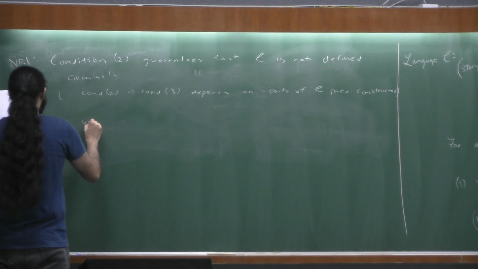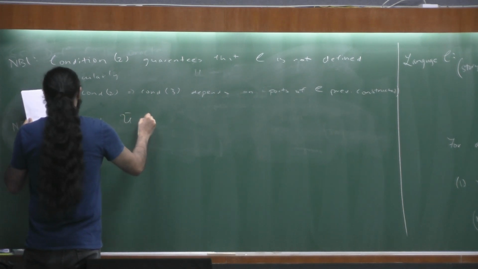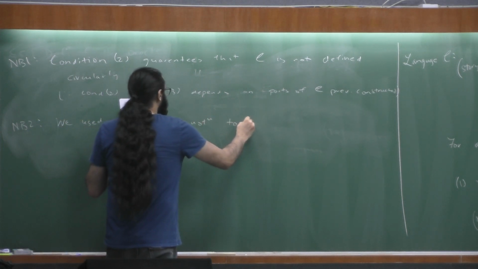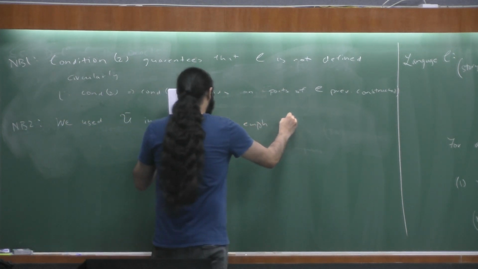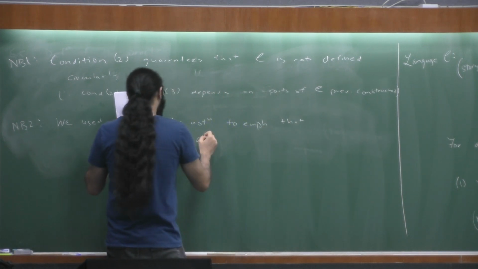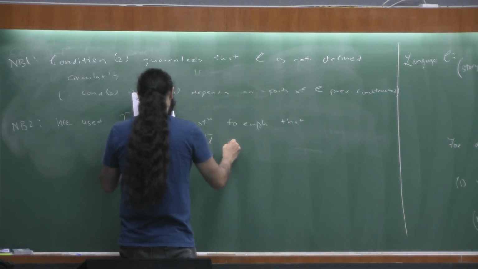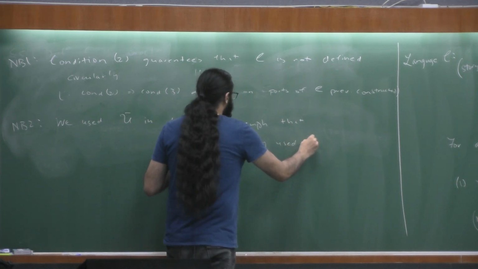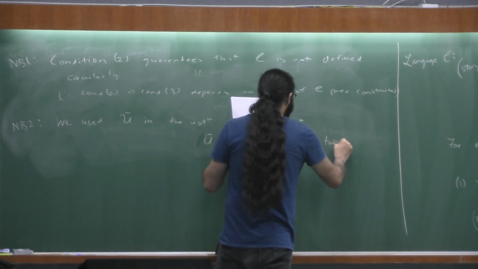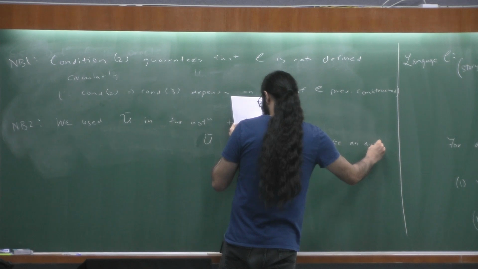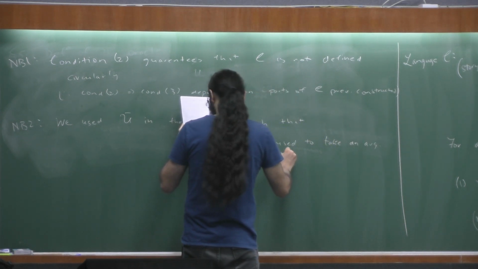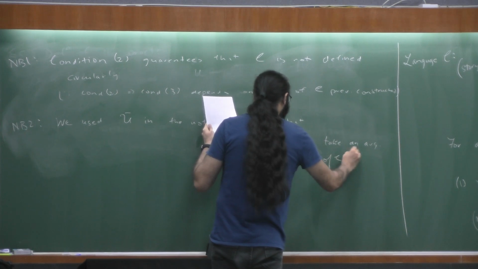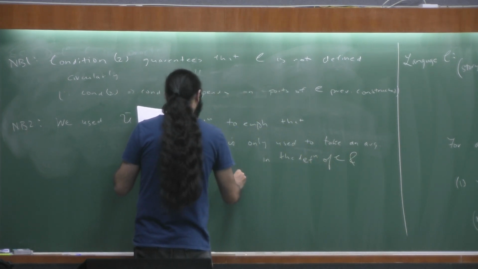We used u bar in the notation to emphasize that u bar is only used to take an average in the definition of C, and is not the same as u.